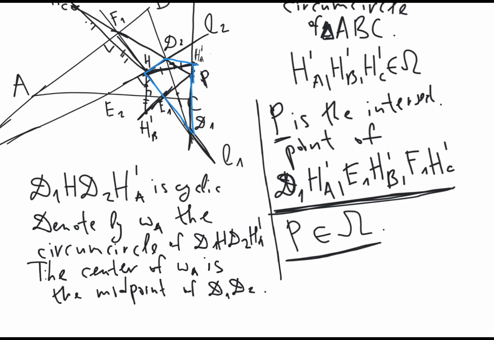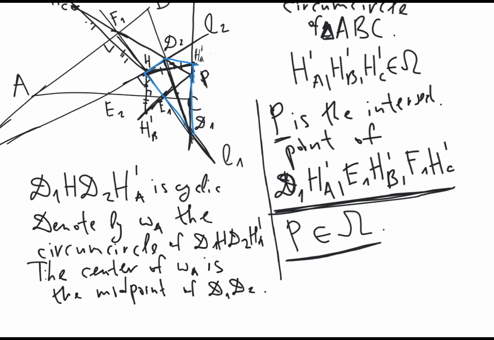And this is simply because of the right angles: in a cyclic quadrilateral, a right angle always subtends the diameter. Therefore the segment D1 D2 is the diameter of this circle omega A.